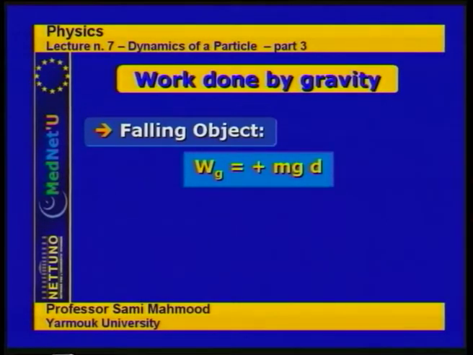The plus sign of the work done by gravity simply implies that the object is gaining kinetic energy because the work is positive.